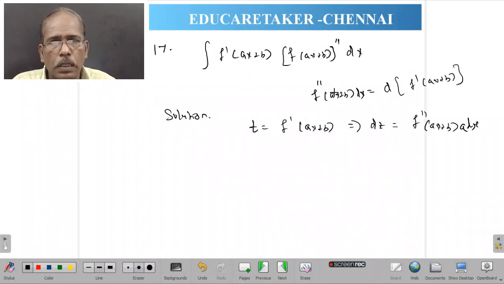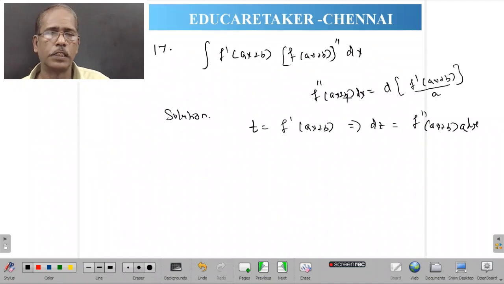Because of a, 1 by a will come. So dt by a equals f double dash of ax plus b dx. Correct?